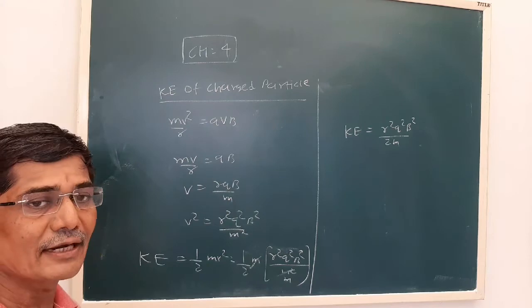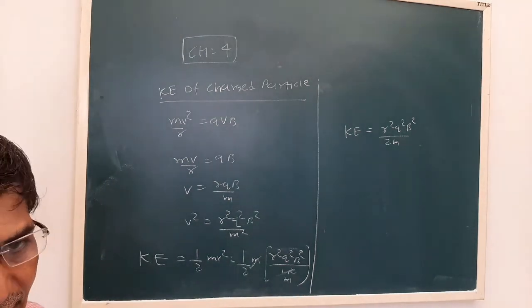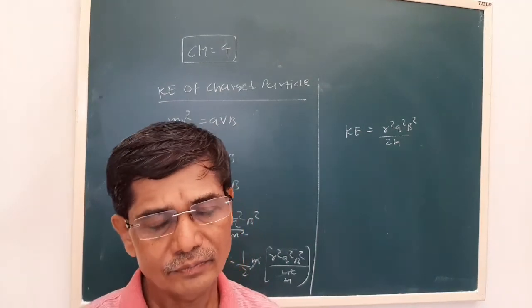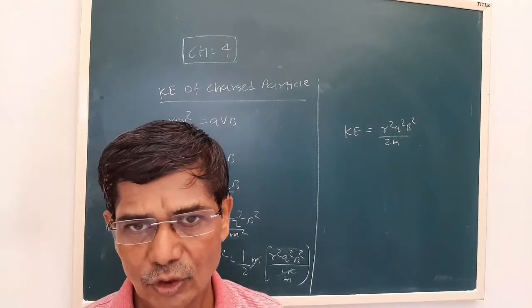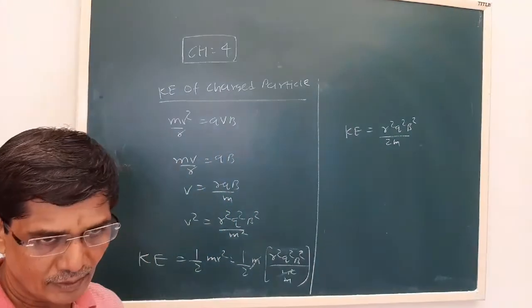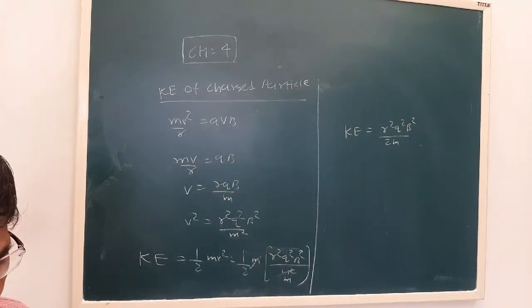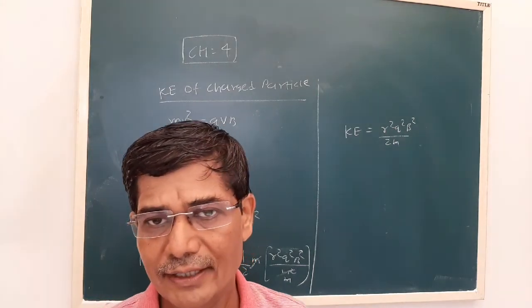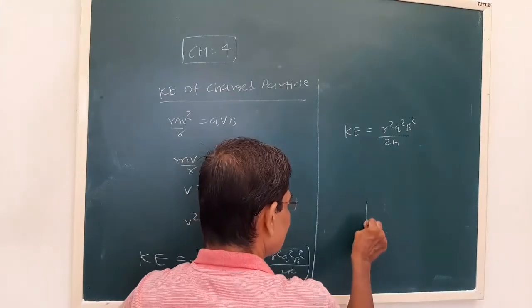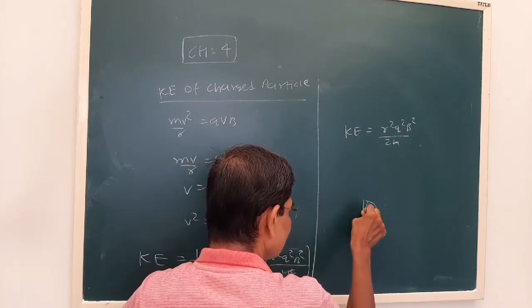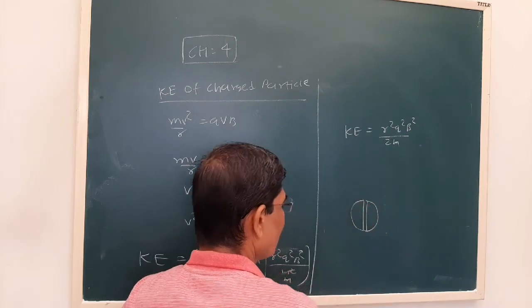So this is about the cyclotron. The cyclotron is a device to accelerate charged particles. We have seen its construction and working. Basically, a uniform magnetic field is provided. Two D-shaped devices are kept in the uniform magnetic field.